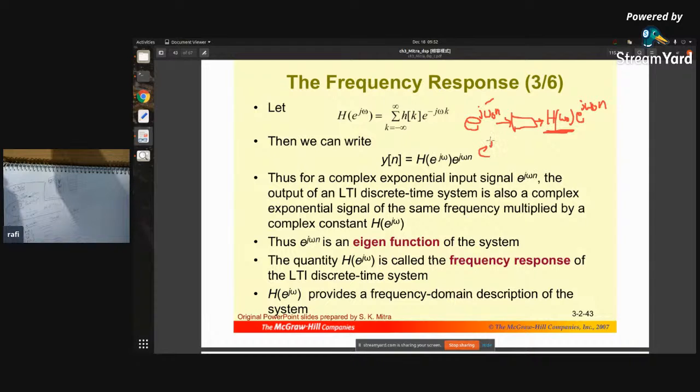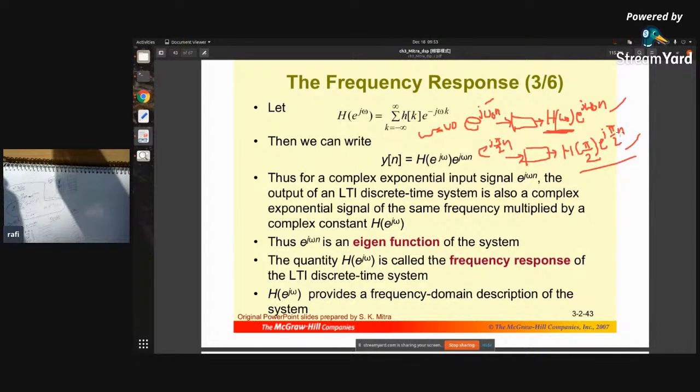So if you give e power j pi by 2 n as input to this system, what will be the output? H of pi by 2 into e power j pi by 2 n. Now in the place of omega, when omega is equal to omega naught, this is the output we get. When in the place of omega naught I put pi by 2, this is the equation.